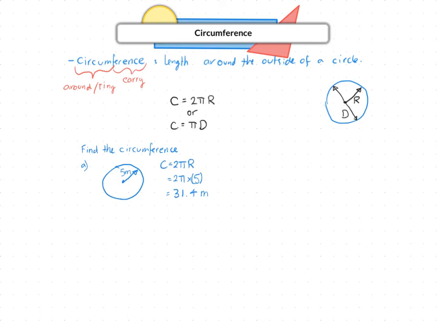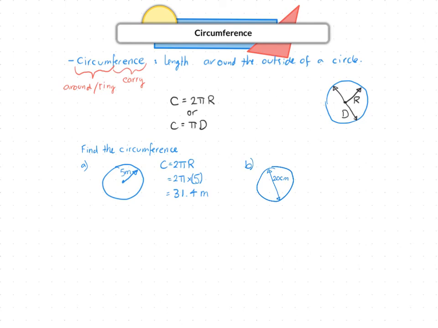So if we wanted to walk around the outside of this circle, we would be walking 31.4 meters. Now, what's the other version of this that you need to know? Well, quite obviously, I hope, we have a circle, and this time we're told the diameter. Let's say it's 20 centimeters.